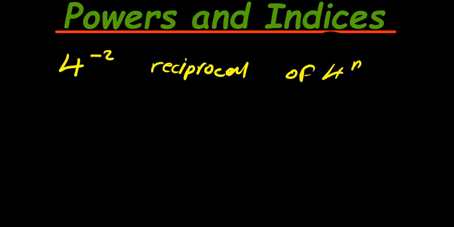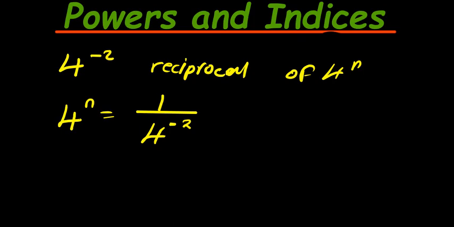What do they mean when they say reciprocal? The reciprocal is just the opposite. So 4 to the power n equals 1 over 4 to the power negative 2. That's how you come up with the reciprocal.